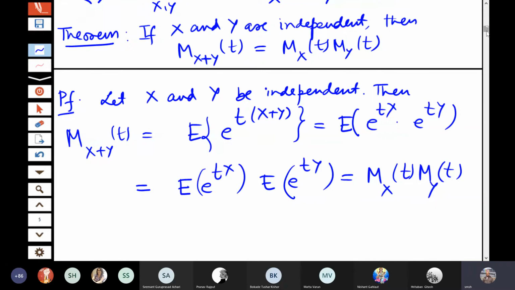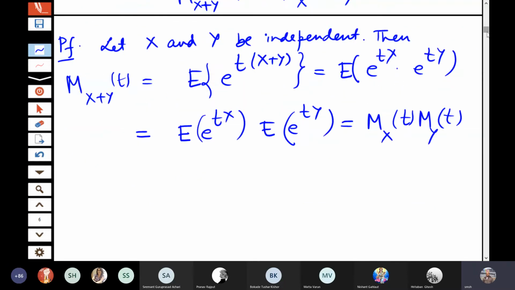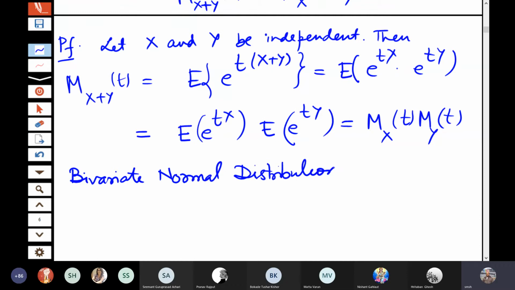Now I will take up one special one, so that I will discuss separately. That is nothing but the bivariate normal distribution. As the name suggests, it is actually a generalization of the univariate normal distribution to two dimensions.